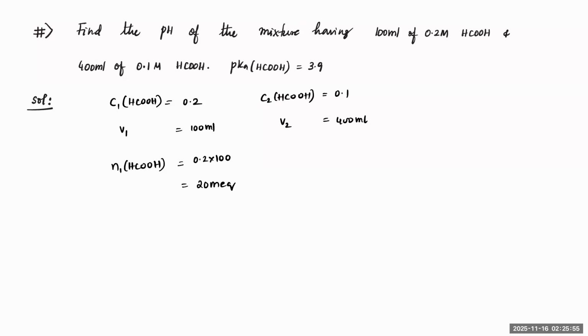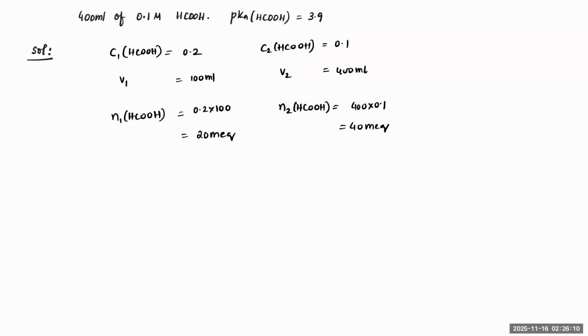Here also, the number of moles of HCOOH will be 400 into 0.1, which is 40 milliequivalents. Now, because both of them are the same acid, the total number of moles of HCOOH will be equal to 60 milliequivalents.